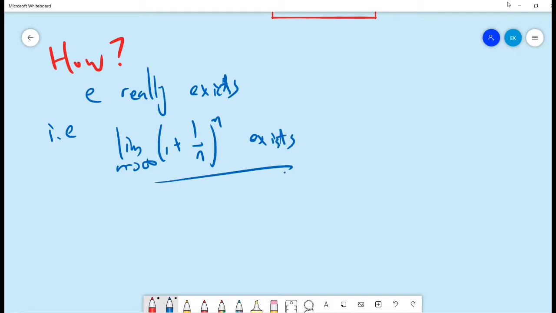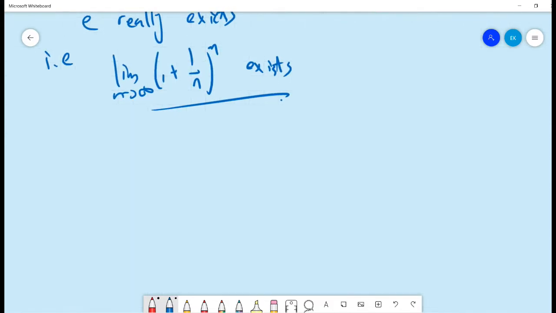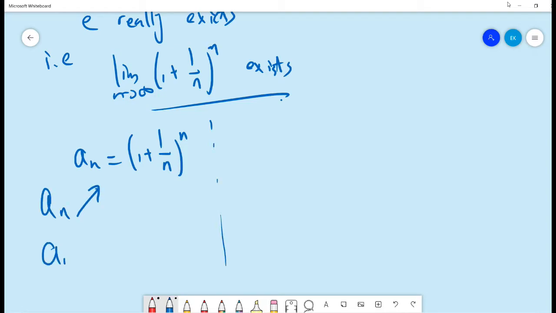So how do we prove the limit always exists? I can write this as a_n. What we want to show is that a_n is increasing, so that a_(n+1) is larger than a_n, and that a_n is also bounded.